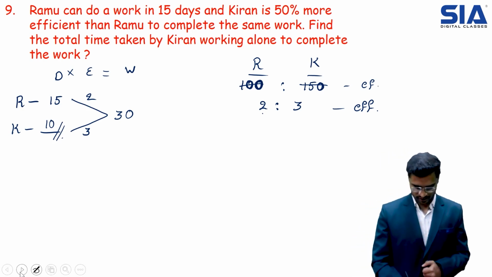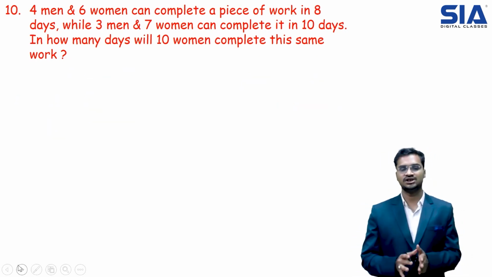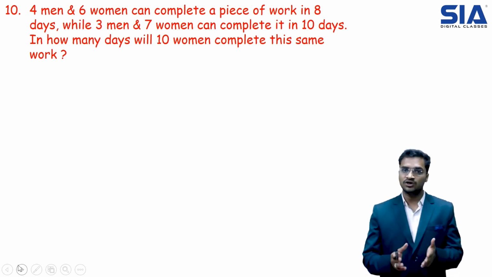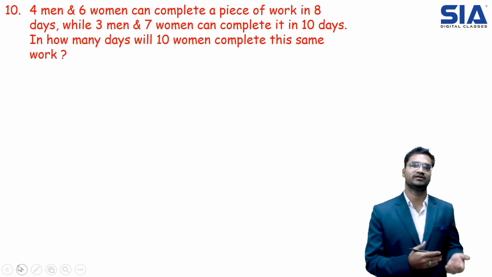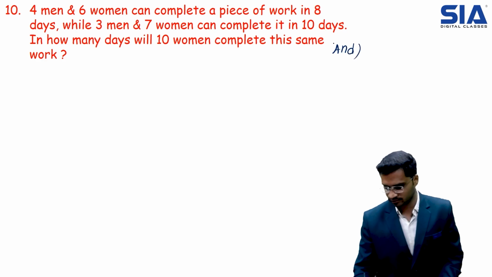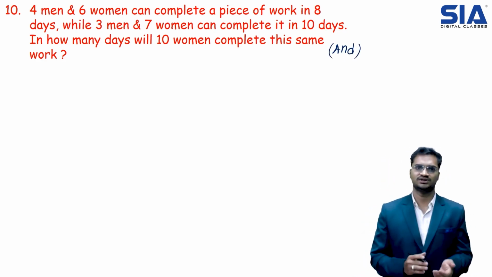Okay. Now coming to the next question. This question is very important for our exam because it has been asked for the past 2 or 3 years. This model is called the AND model. Let us see how we shall solve this question.